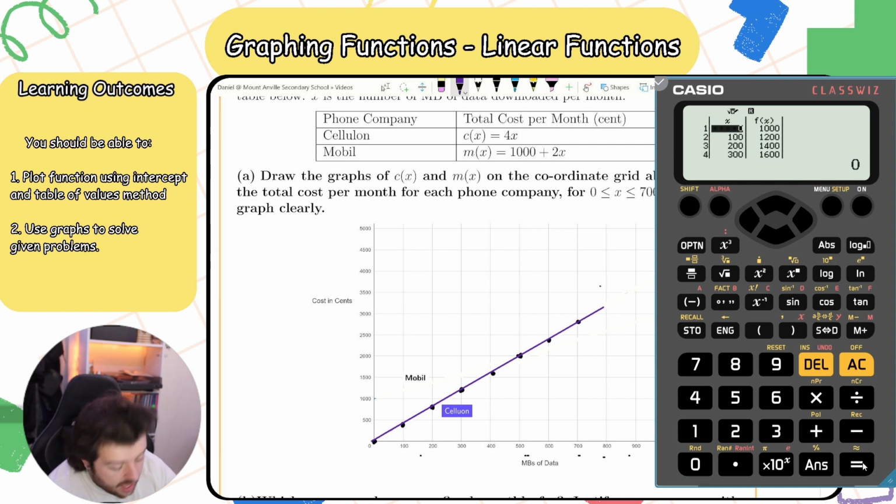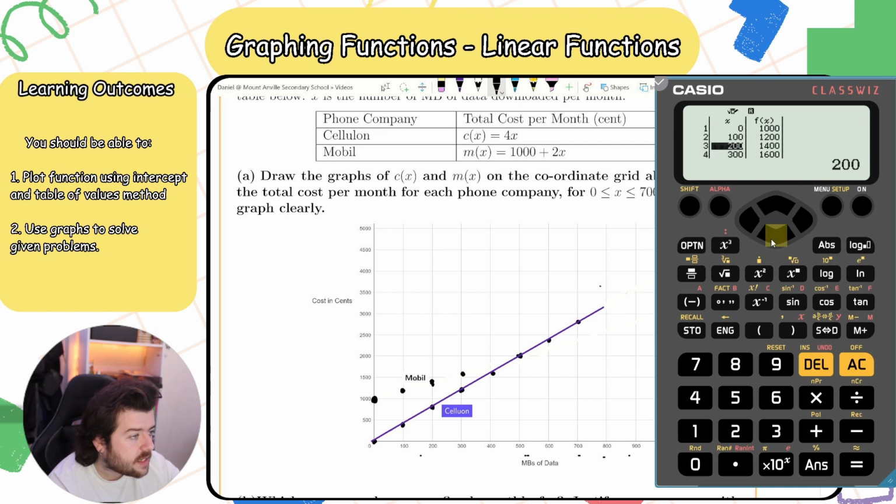So 0, 1000. So there is mobile. Then it's going to be 100, 1200. It's there. 200, 1400, which is there. 300, 1600.